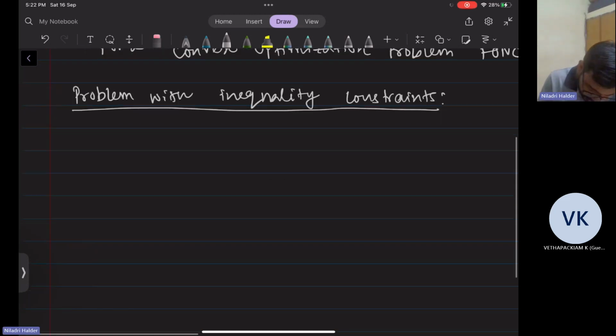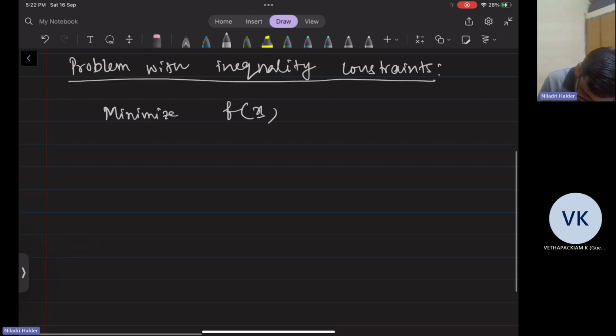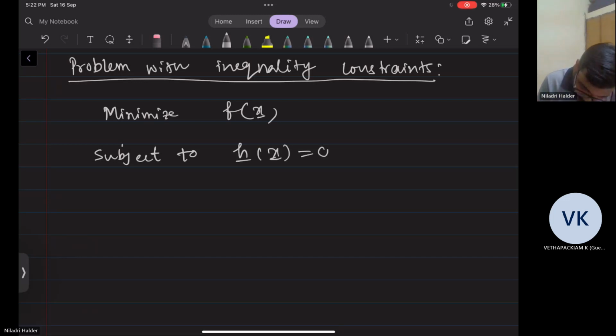So what is an inequality constraint? This problem is like this: minimize f of x subject to one equality constraint. If this f(x) and this equality constraint are there, then this kind of problem we solved last class. We know how to use the FONC, the second order necessary conditions, and second order sufficient conditions.